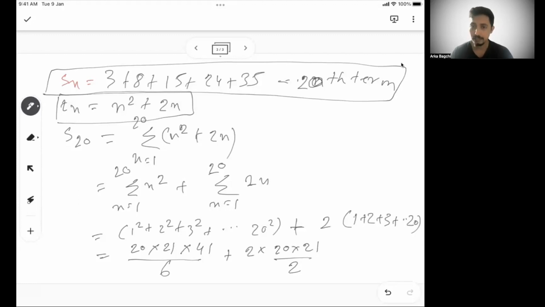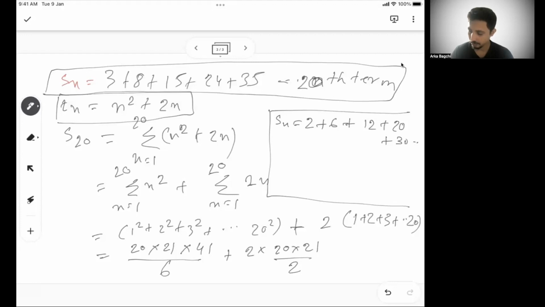How? Let's say I just think this, okay? Let's say there is another sum which typically talks about 2 plus 6 plus 12 plus 20 plus 30 and so on.